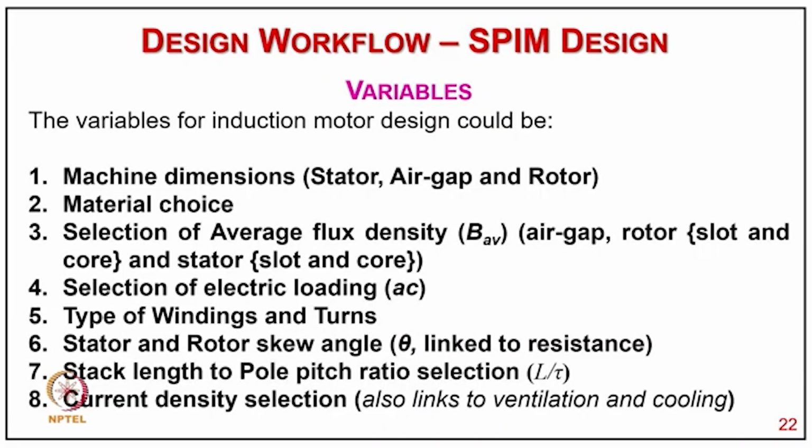So the variables for induction motor design could be the machine dimensions like stator, air gap and rotor, material choice, selection of average flux density B average for the air gap, stator slot and core, and similarly rotor slot and core, selection of electrical loading small ac, type of winding and turns, stator and rotor skew angle theta linked to the resistance, stack length to pole pitch ratio L upon tau, and current density selection also linked to ventilation and cooling.